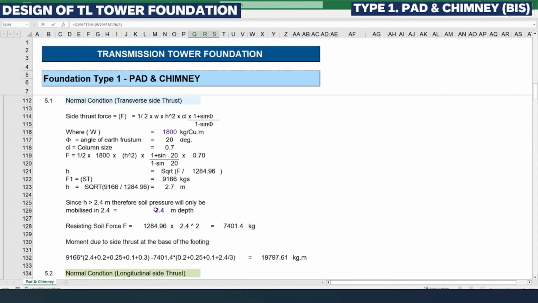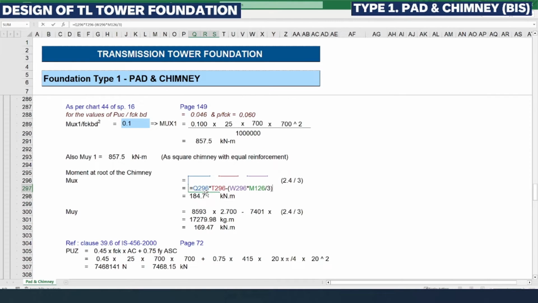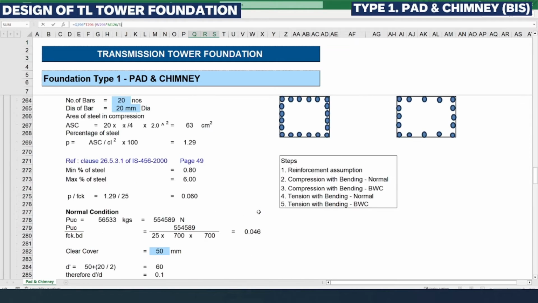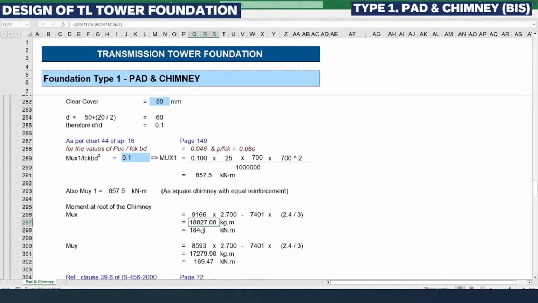For the longitudinal case, this is the height we have considered. So now, applying this 9166, which is the side thrust in the transverse side, multiplied by the effective depth 2.7 meter, deducting the resultant soil pressure, that is the weight of the soil in normal condition, transverse side, multiplied by 7401.4 kg, multiplied by the 2.4 meter depth, which is the soil pressure acting depth, we are getting 18,827.08 kg meter.